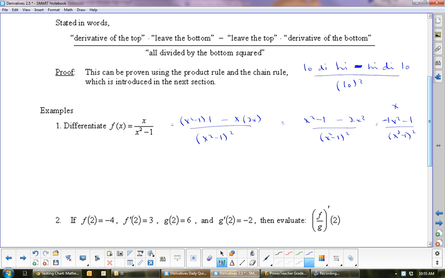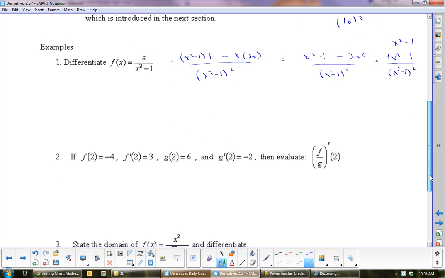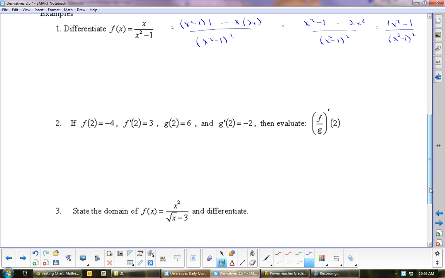If this was an x squared minus 1, I could. No, but that has to be in both of them. Can't just do one. Yep. I say a little bit of knowledge is a dangerous thing.